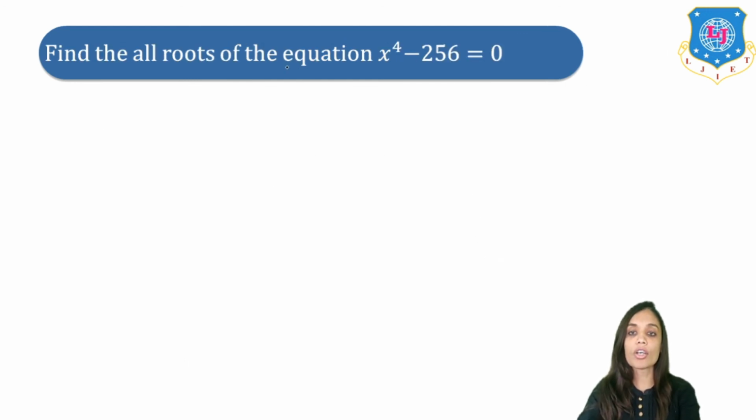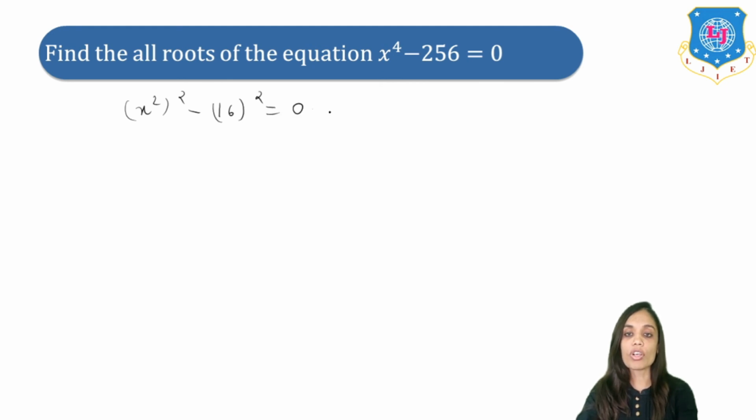So we have to find all the roots of the equation x raised to 4 minus 256 equals 0. Now I can write this as (x square) whole square minus (16) whole square equals 0, and apply the formula of a square minus b square, which is (a minus b)(a plus b).